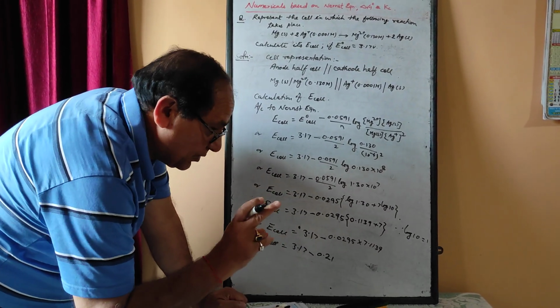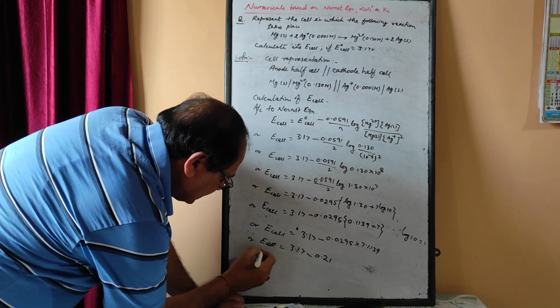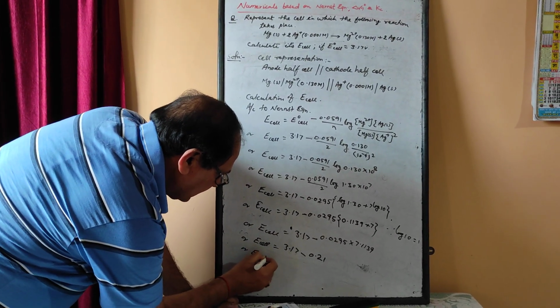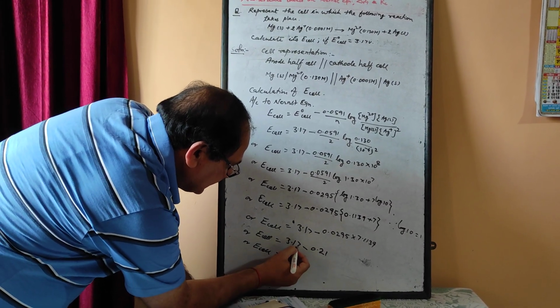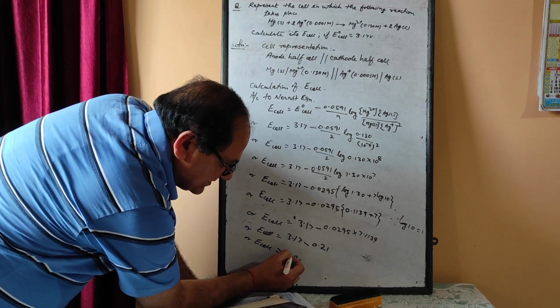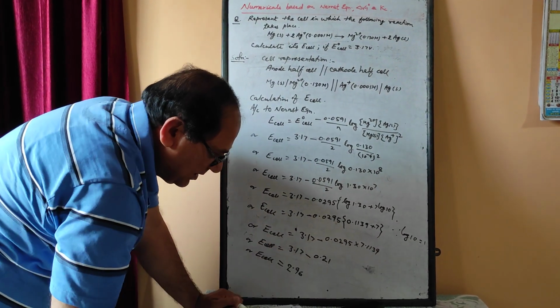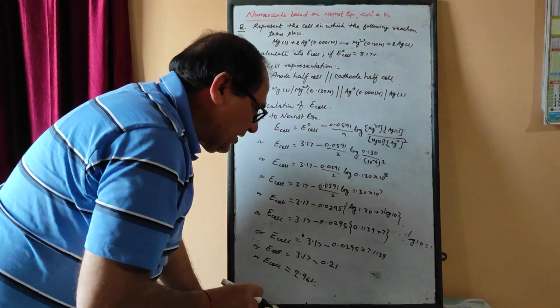Approximately 0.209 is coming. I have written this. So E cell equal to, just subtract it. This is 6 and this is 9. This is 2.96 volt. This is your answer.